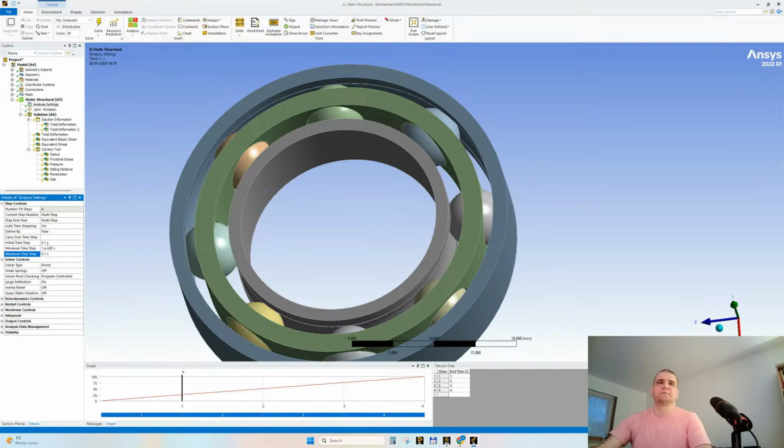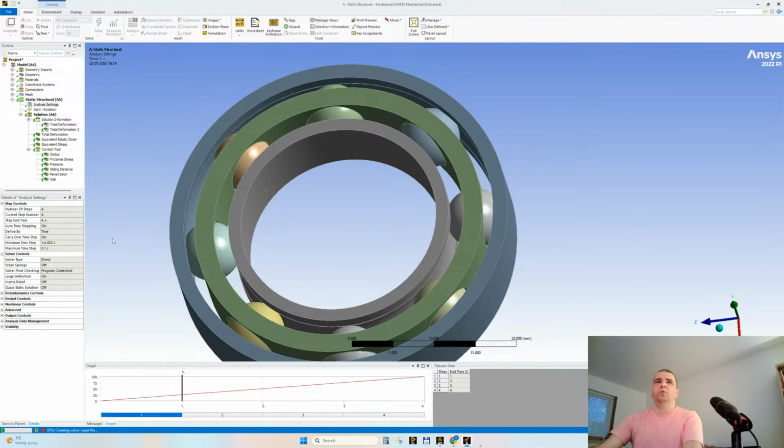Because time has no sense. But they are just divisions of the entire simulation, of the entire solving, okay? So save again and solve. Will it solve? Let's see.